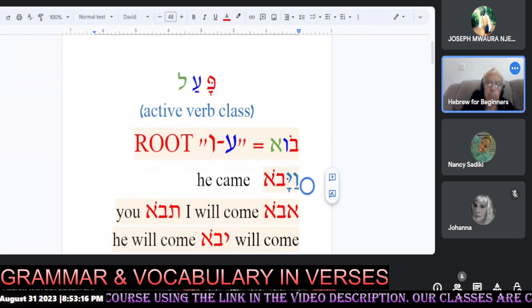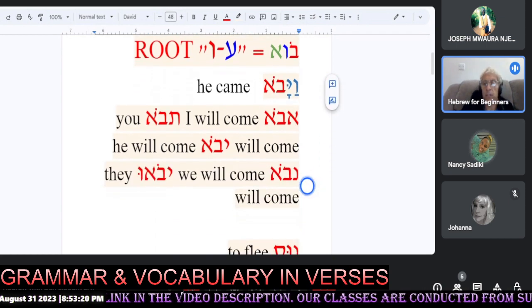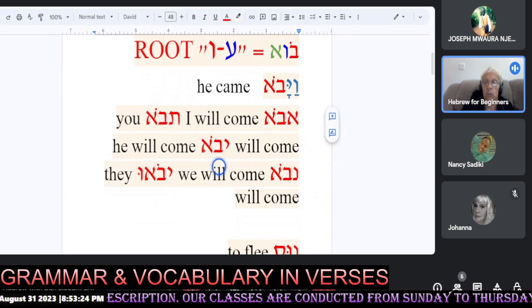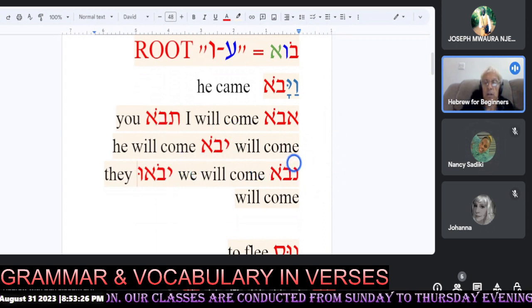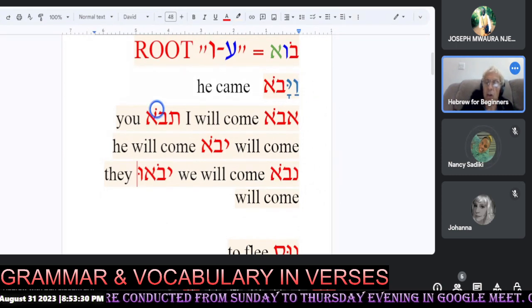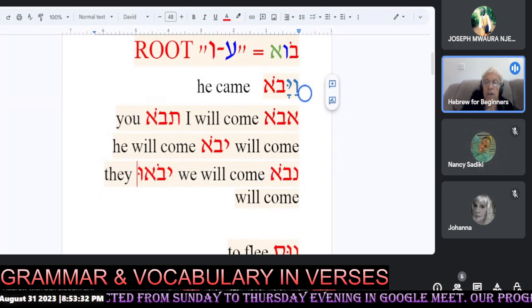So it's very helpful to understand the Avo, Tavo, Yavo, Navo, Yavou, because in the biblical narratives, we see these all the time with a Vav in front of it.